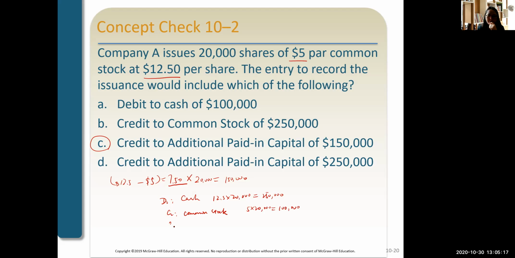And then you also credit additional paid-in capital, $150,000. So this is how you issue a stock. And both of these are stockholders' equity accounts.